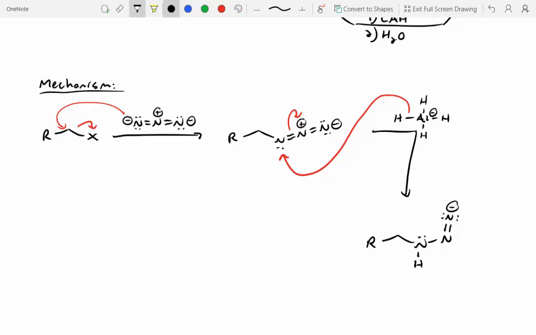Okay, and then in the next step, this lone pair will clamp down, form a nitrogen-nitrogen triple bond, and kick electrons over to the nitrogen. So we'll blow off nitrogen gas.